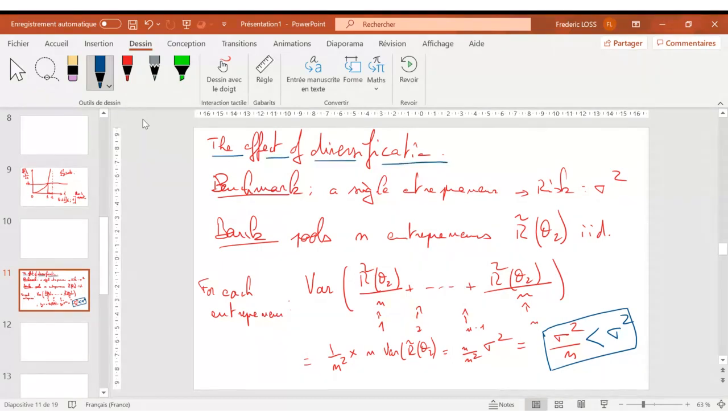The effect of diversification is now that the risk decreases. Okay, you agree with that?